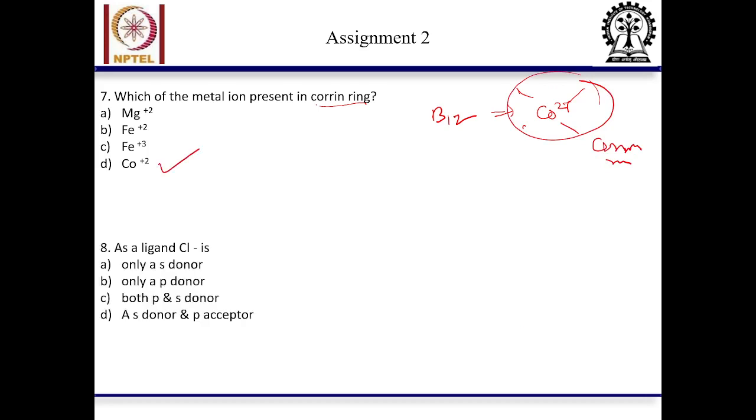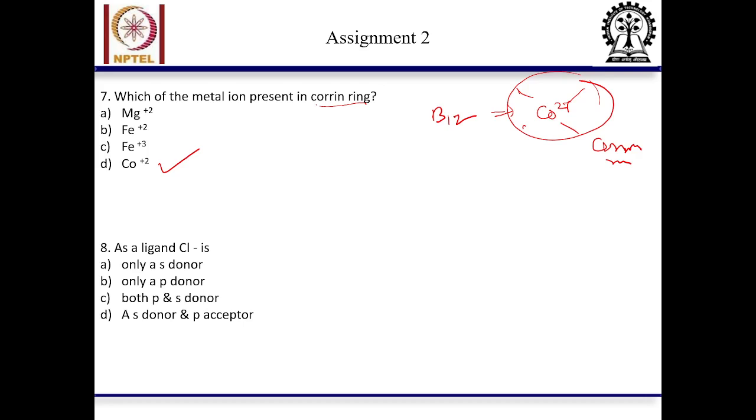As a ligand, Cl minus is... Can anyone just quickly tell me the answer?